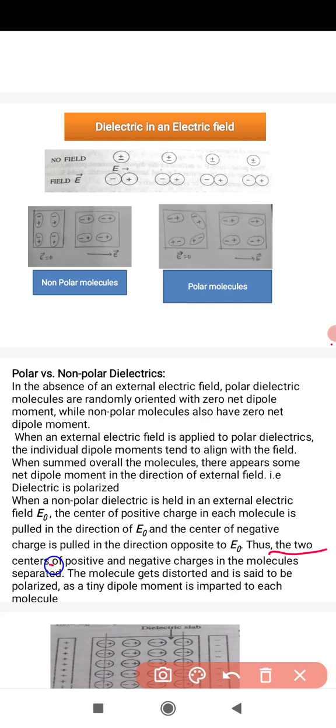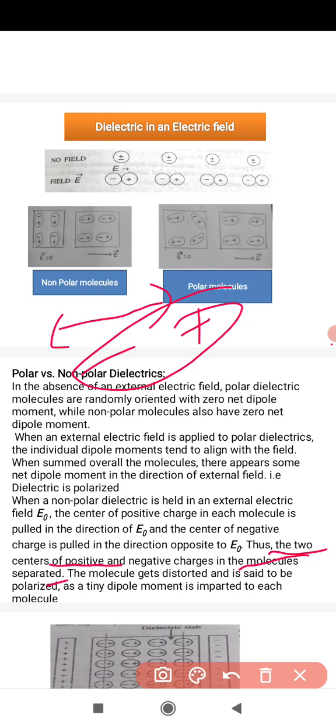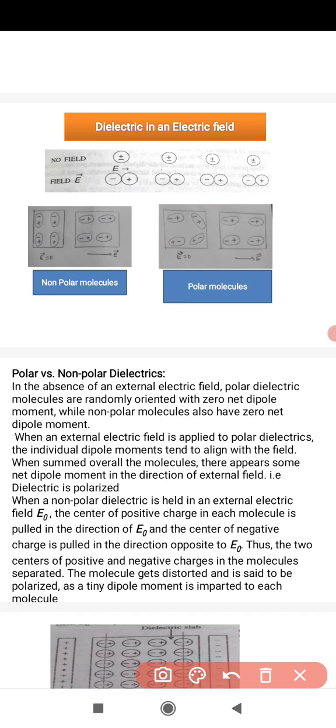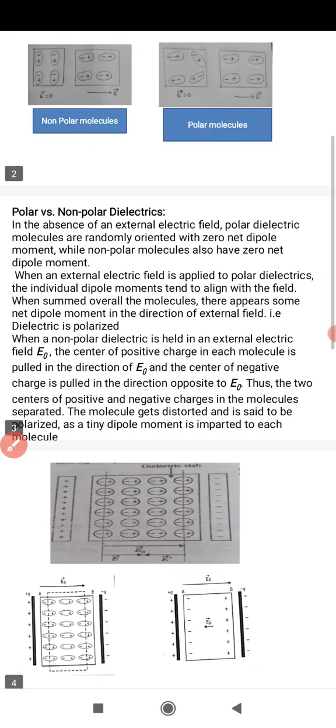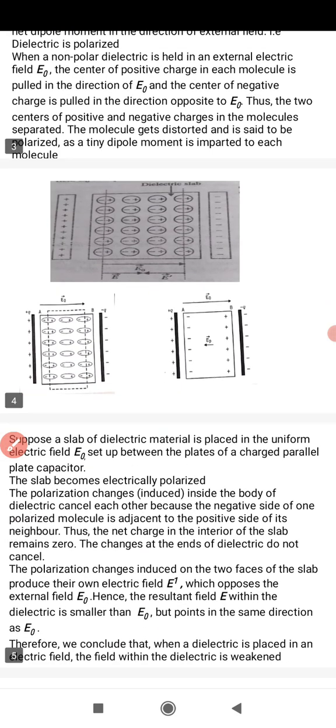This means the two centers of the positive and negative charges of the molecule are separated. These molecules get distorted and are said to be polarized. A tiny dipole moment will be obtained in the case of non-polar molecules in the presence of an external electric field.